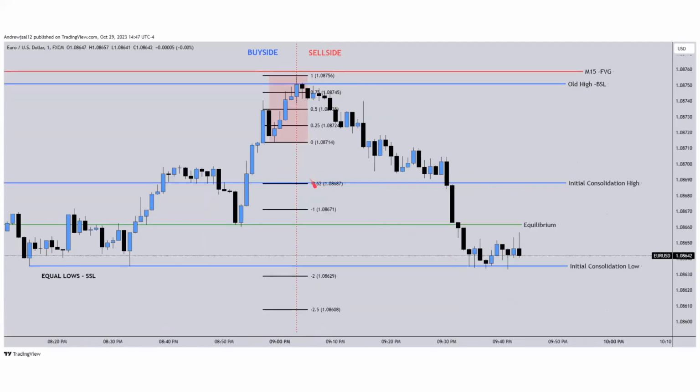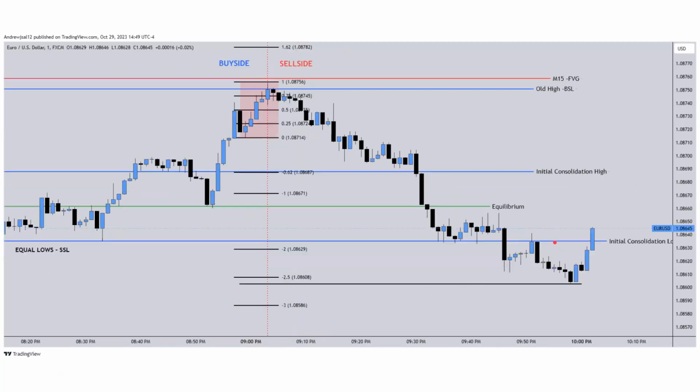Now, where will price go to? We can take the swing high and low of this manipulation leg here and project down 2 to 3 standard deviations. Somewhere around 2.5, in between 2 and 3, could be our objective for price to sweep the rest of these equal lows.